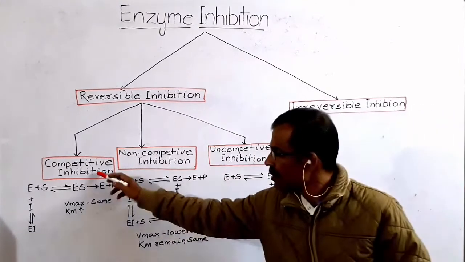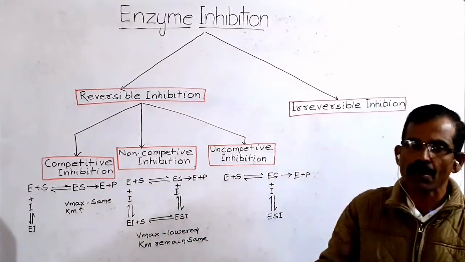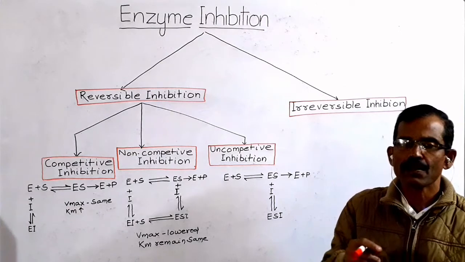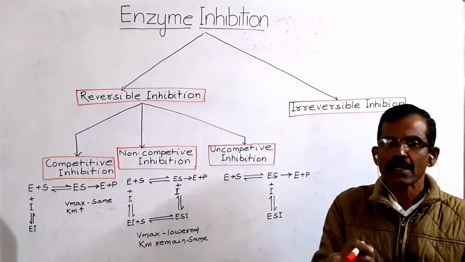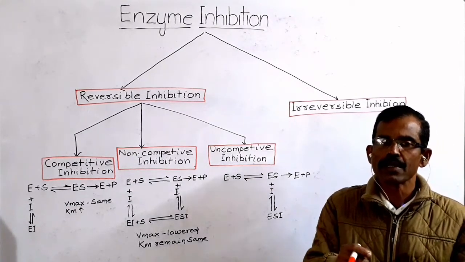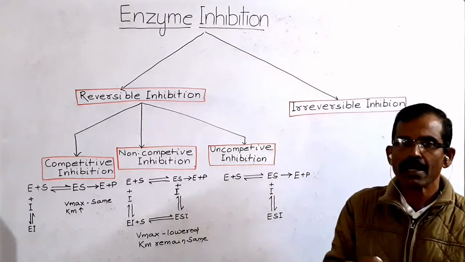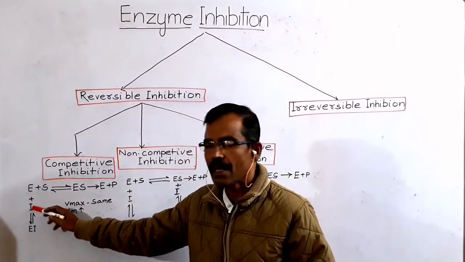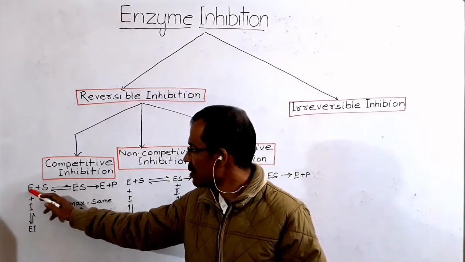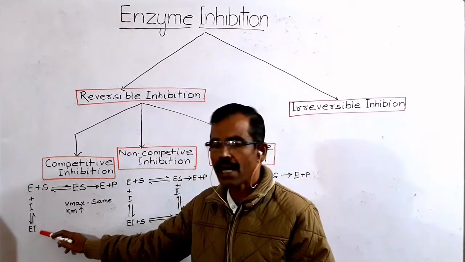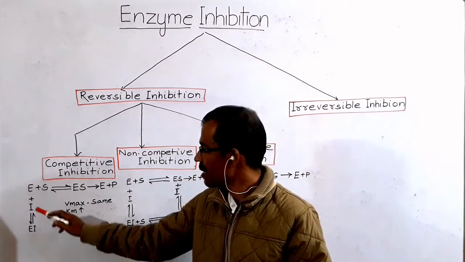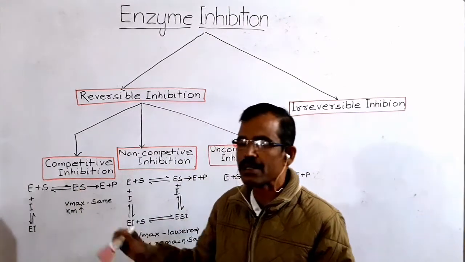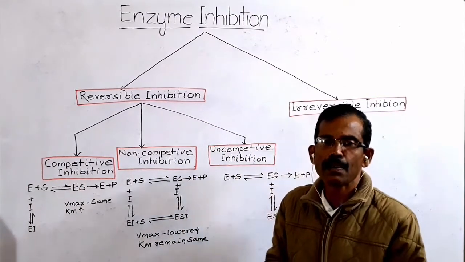This type of inhibition can also be overcome by increasing the substrate concentration while keeping the concentration of inhibitor at a constant level. In competitive inhibition, the inhibitor can bind only with the free enzyme to form an enzyme-inhibitor complex, but the inhibitor cannot bind with the enzyme-substrate complex.